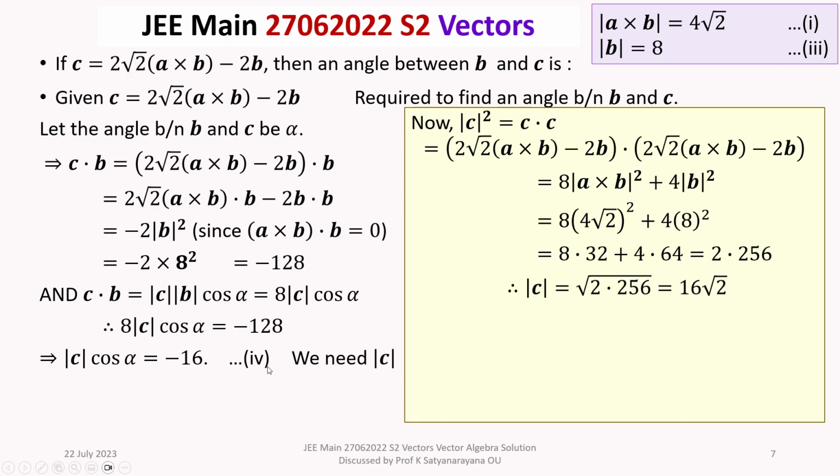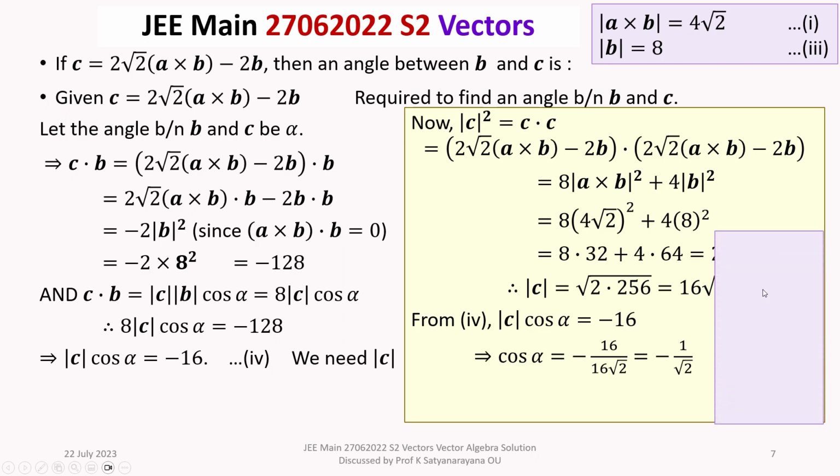Agreed. We will go back to relation 4, and from relation 4, mod C cos alpha is equal to minus 16. Cos alpha is equal to minus 16 by mod C, that is 16 root 2, and when simplified you will get minus 1 by root 2. Let's look at our options.